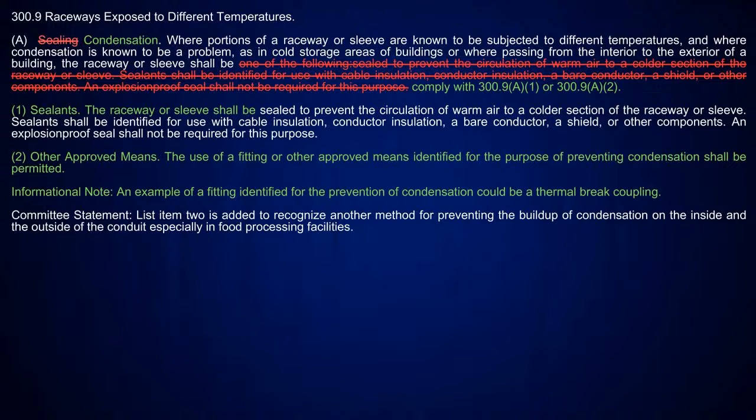What they're telling you is that we have two items here now, and this is to recognize and prevent the buildup of condensation, whether it's on the inside or outside of the conduit. This is especially true in food processing facilities. So they're telling you in item two, the other approved means, the use of a fitting or other approved means identified for the purpose of preventing condensation.